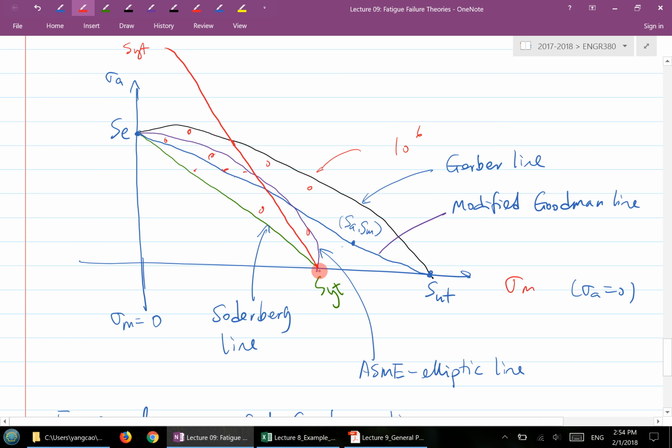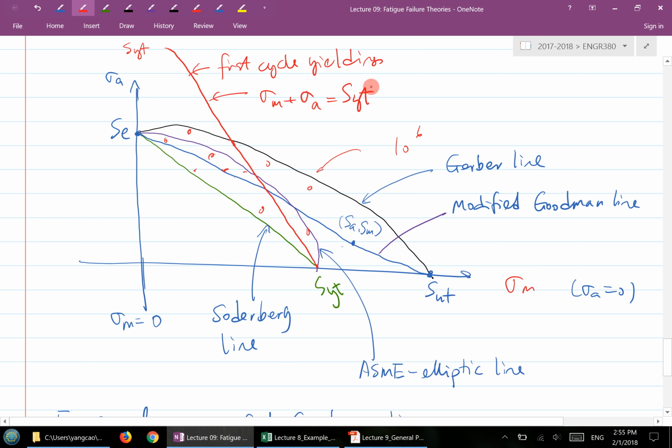So there's one more criterion. Now this red one here is called first cycle yielding. Why is it called first cycle yielding? Because this essentially is sigma A plus sigma M equal to SYT. If you pick a point on that line, every point corresponds to a pair of sigma A, sigma M, and the addition of the two is SYT.